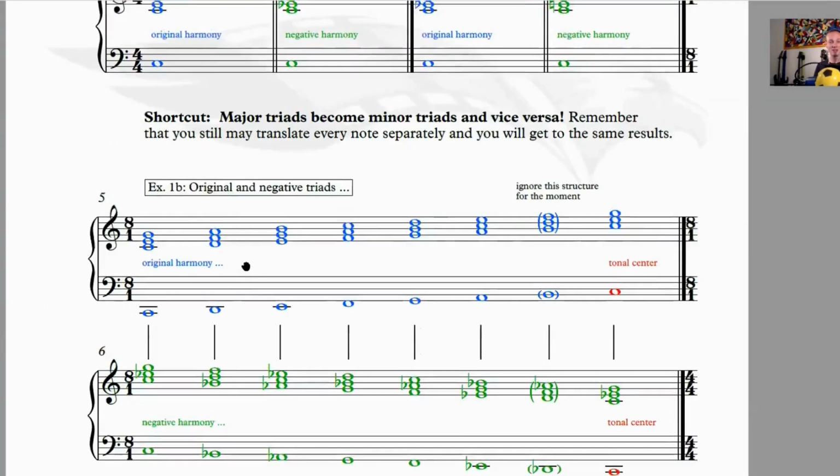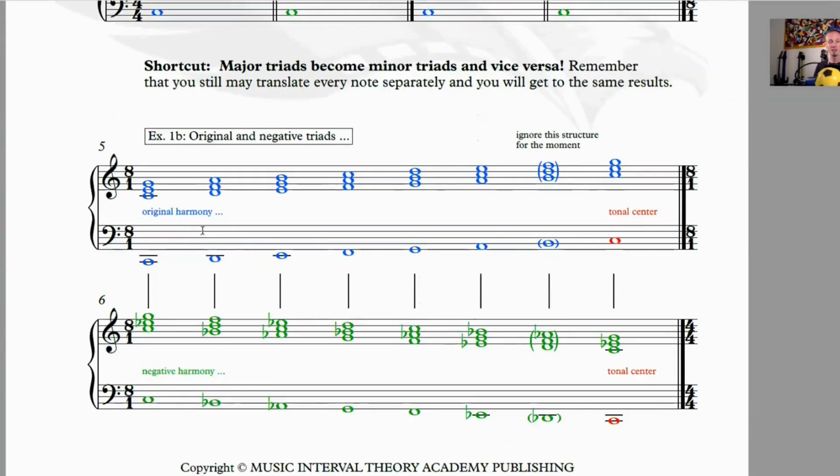Let me go to this example 1b down here. And this is still using the tonal center of C, and on top we just build some basic major and minor triads. I know that this one here is not really a major or a minor triad, but a diminished triad. And this is treated a bit special, so I don't want to go into equivalence right now.